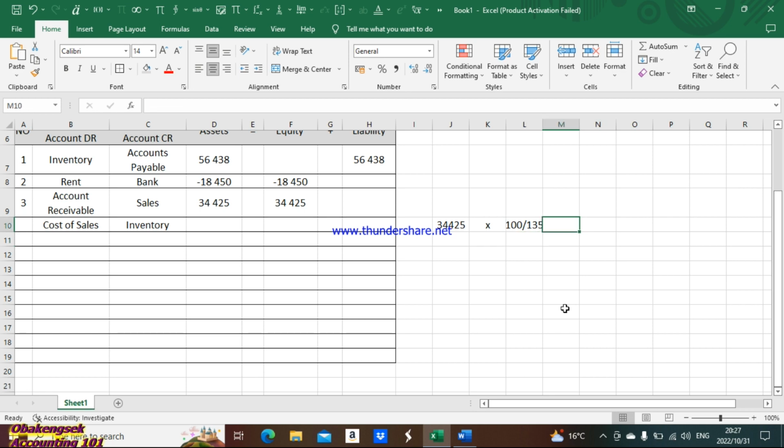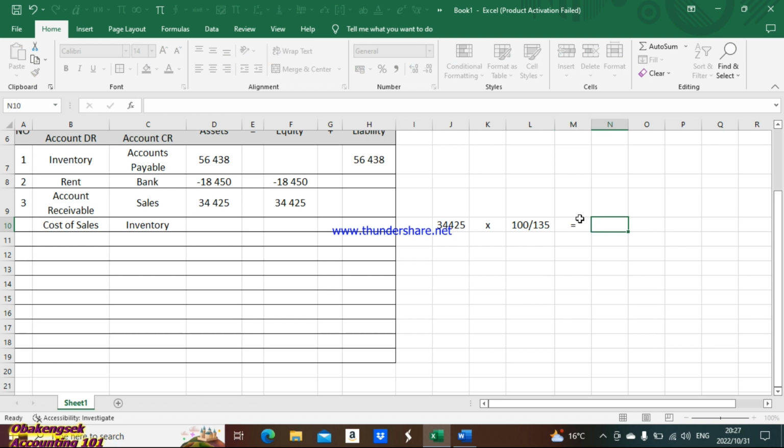So it's 100 over 135. I'm going to do it in Excel. So we have 34425 multiplied by, the multiplication sign is a star, open bracket 100 divided by 135, close the bracket.